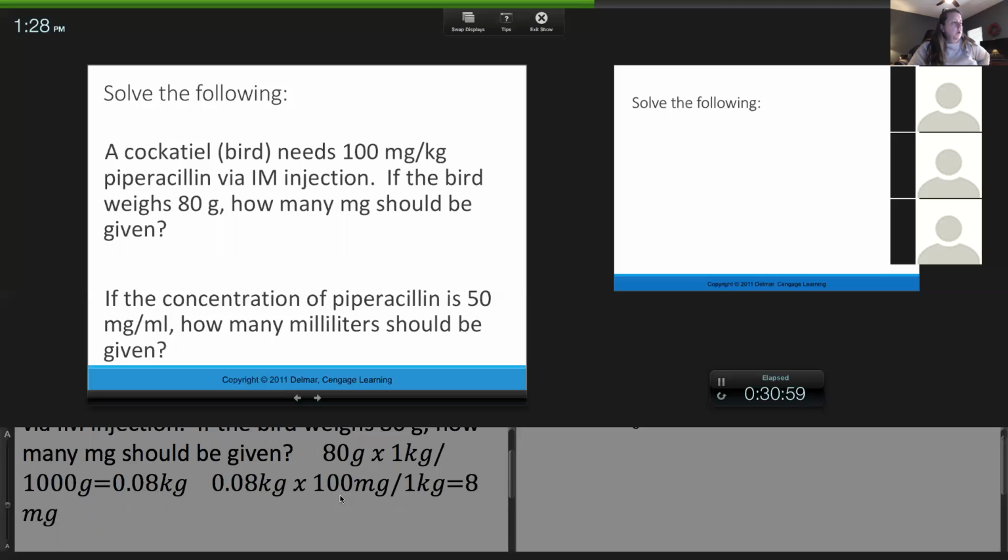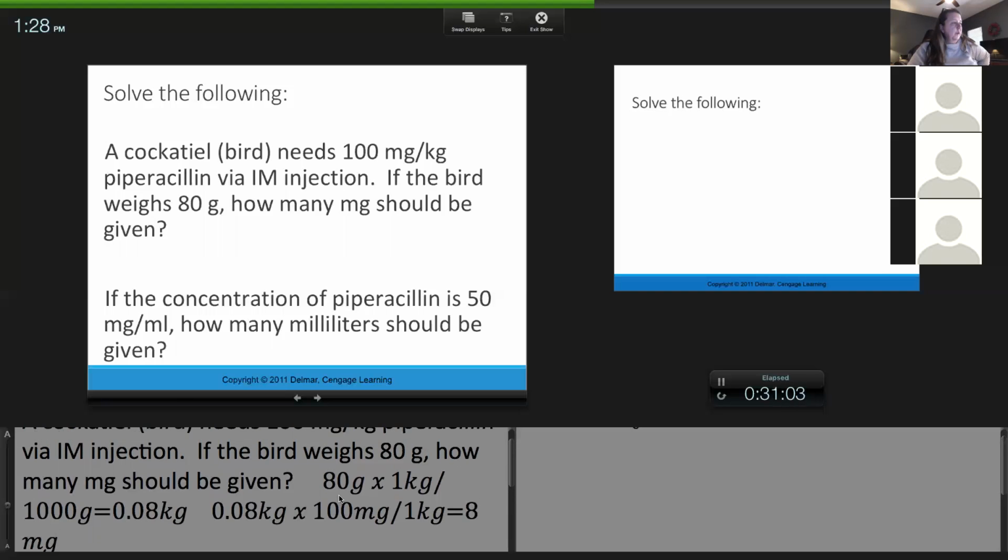So what we do, this is a simple move the decimal, okay? 80 grams times 1 kg per 1,000 grams is basically I have my arrow on the bottom here, 1, 2, 3. The bird is 0.08 kilograms, okay?